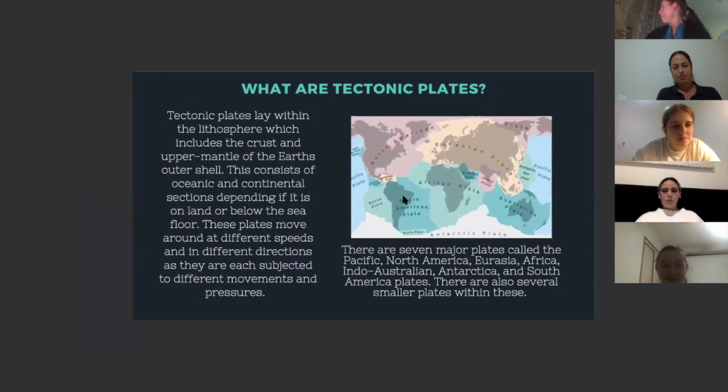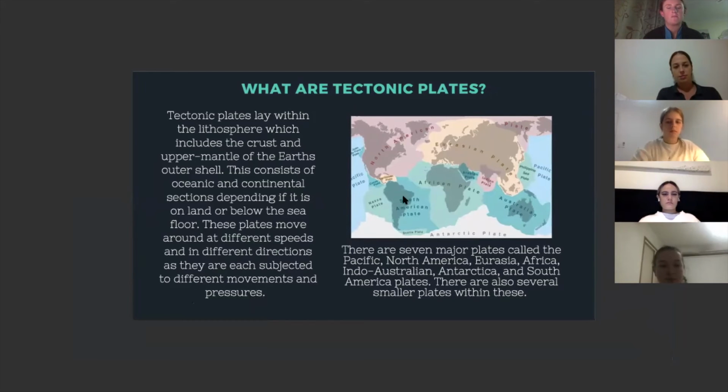So as Monet said, the tectonic plates lie within the lithosphere, which includes the crust and upper mantle of the Earth's outer shell. This consists of oceanic and continental sections, depending on if it's on land or below the sea. These plates move around at different speeds and in different directions as they are each subjected to different movements and pressures.